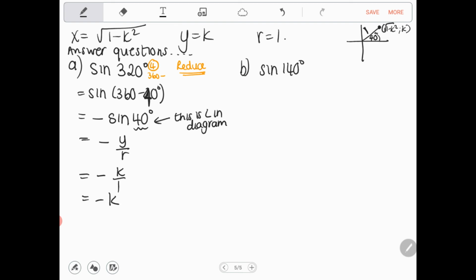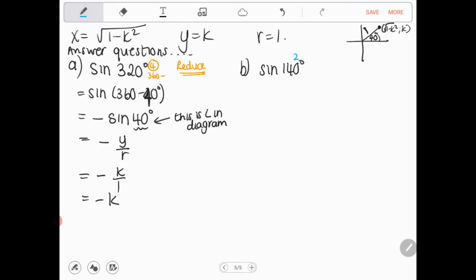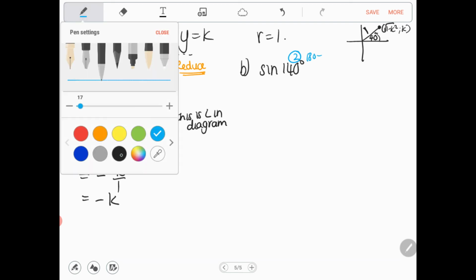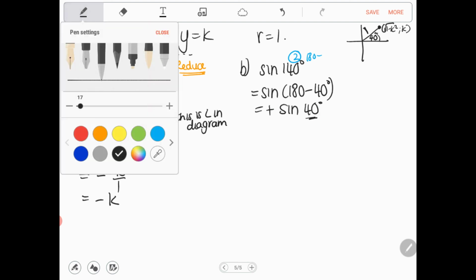Okay, sine 140, quadrant 2, so it's 180 minus 40, so that's positive sine of 40. Again, angle in the diagram.